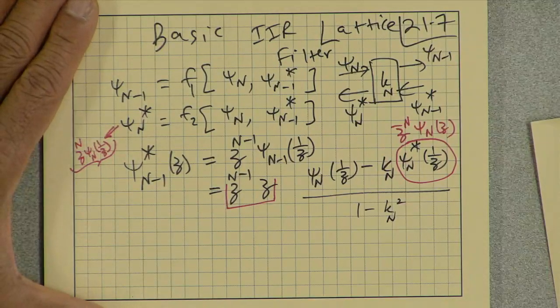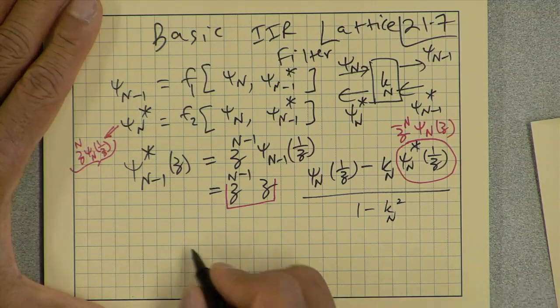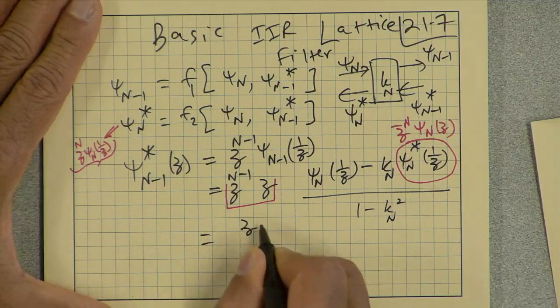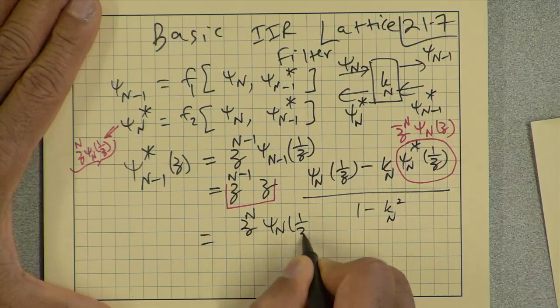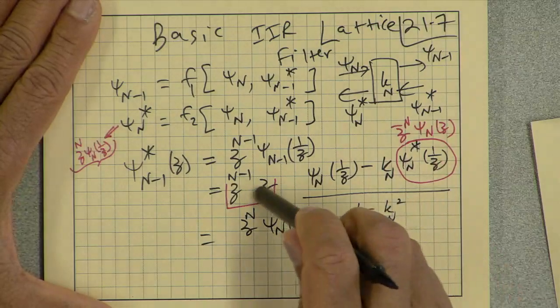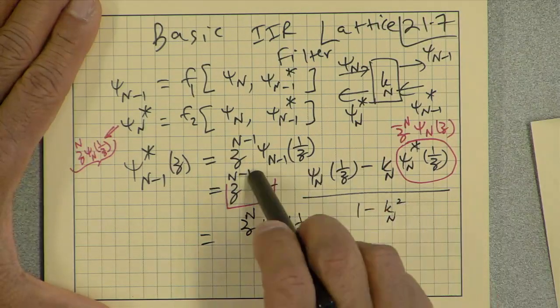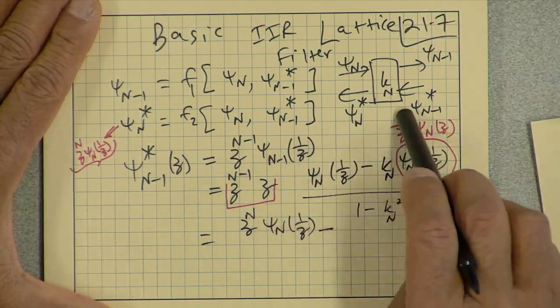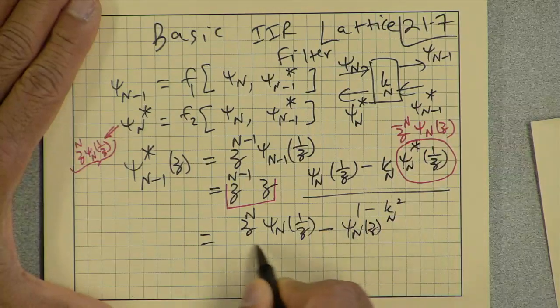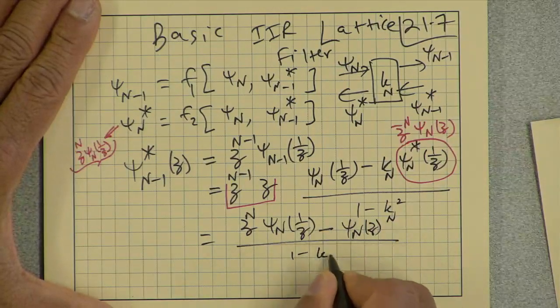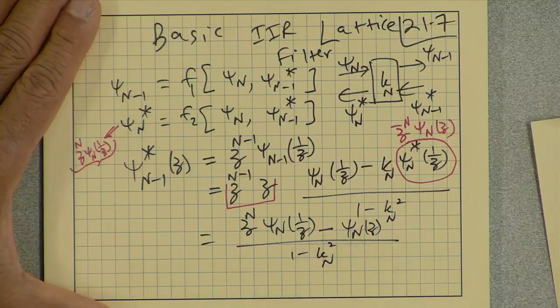Okay, so what I get then is z to power n psi n 1 over z, this times that, and this z to power n cancels out with z to power minus n, psi n z by 1 minus kn squared. Okay, and what is this quantity?